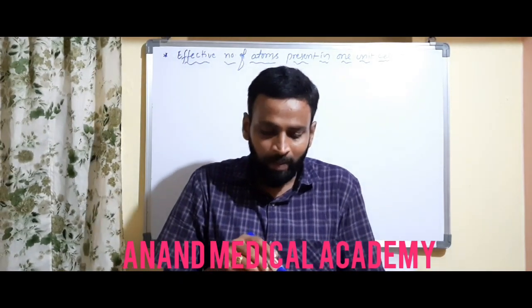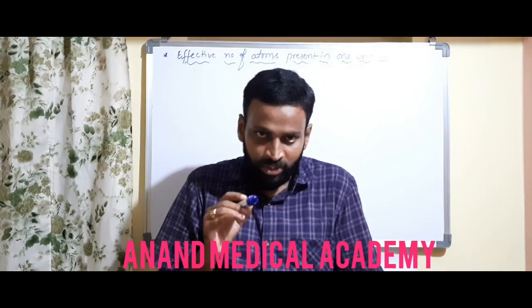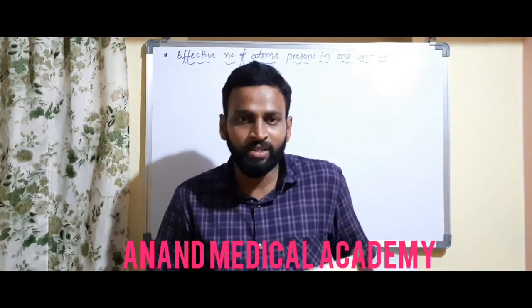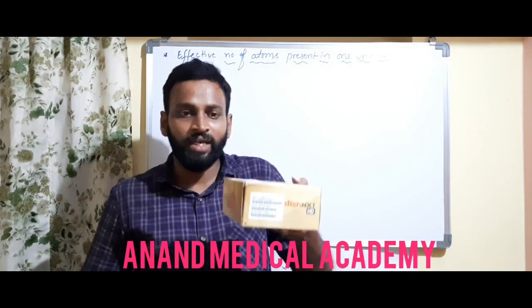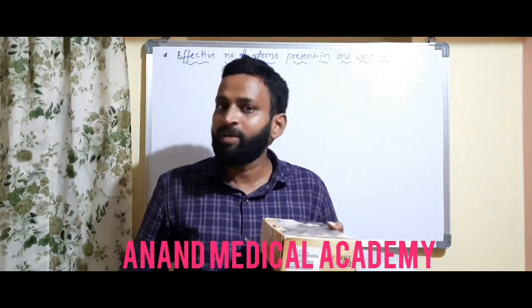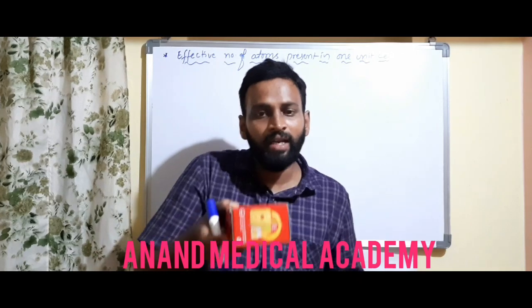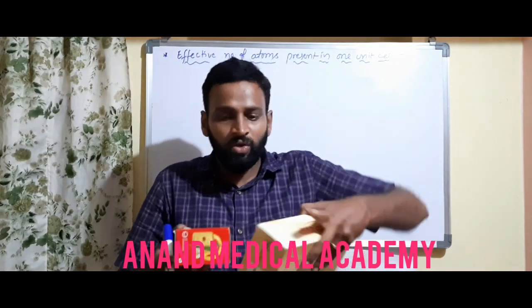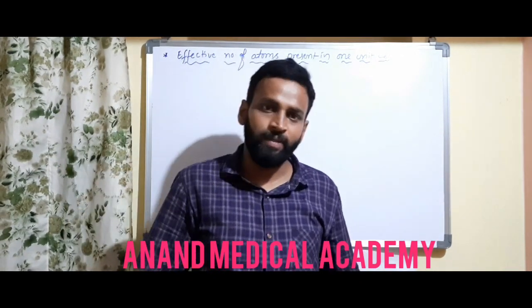So this particular corner atom is shared by 8 unit cells, meaning for this particular unit cell, what is the contribution of that atom? 1 by 8 part only. For this unit cell, what is the contribution of this corner atom? 1 by 8 only.